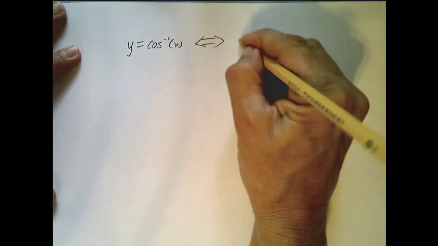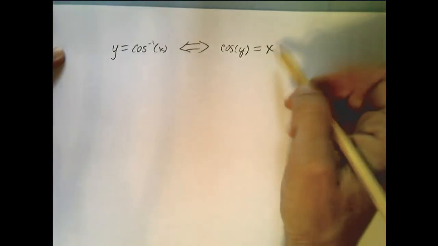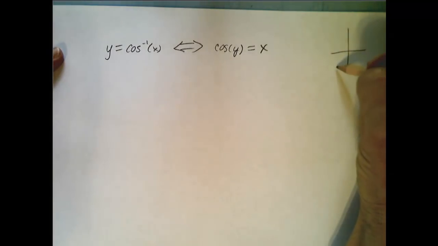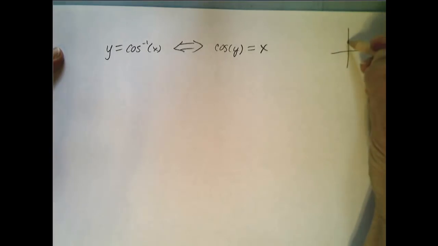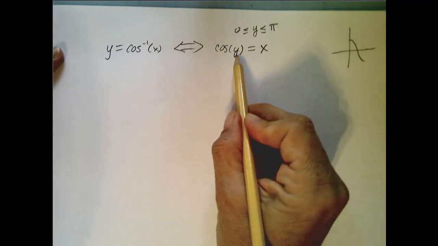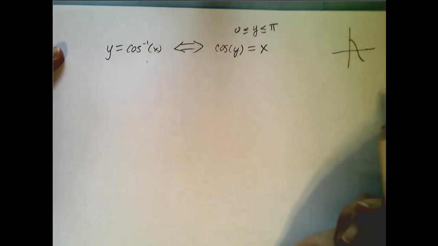So here, y equals cosine inverse of x means that the cosine of y equals x on its restricted domain. And for cosine, we can't restrict it from negative pi over 2 to pi over 2 because it's not 1 to 1 there. So our standard restriction is 0 to pi. So as long as y is between 0 and pi, cosine of y has an inverse function.